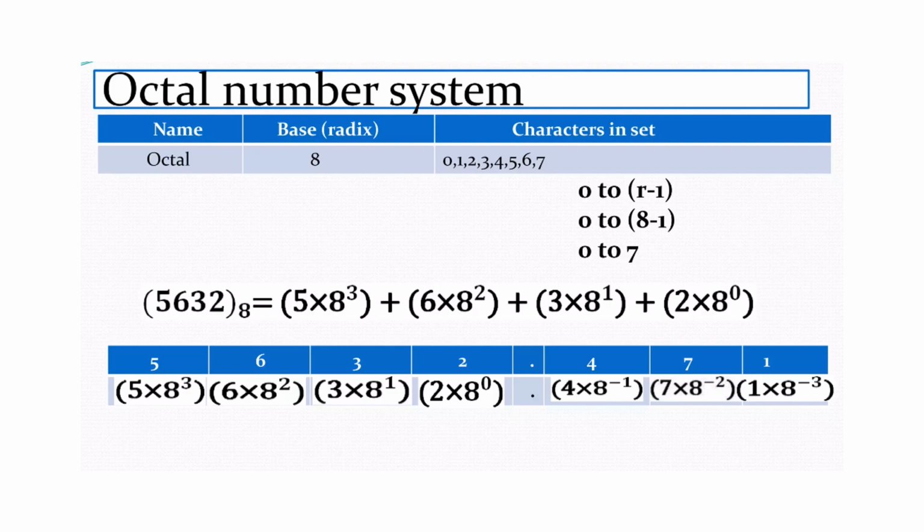Then for the representation with base 8, we have to multiply with 8 to the power of 3 at the thousands position, down to the ones position, 8 to the power of 0. As in the previous binary representation, the fractional part takes negative powers: 8 to the power minus 1, minus 2, minus 3, starting from minus 1, minus 2, minus 3 from left to right, and 0, 1, 2, 3 from right to left. This is how the conversion takes place.